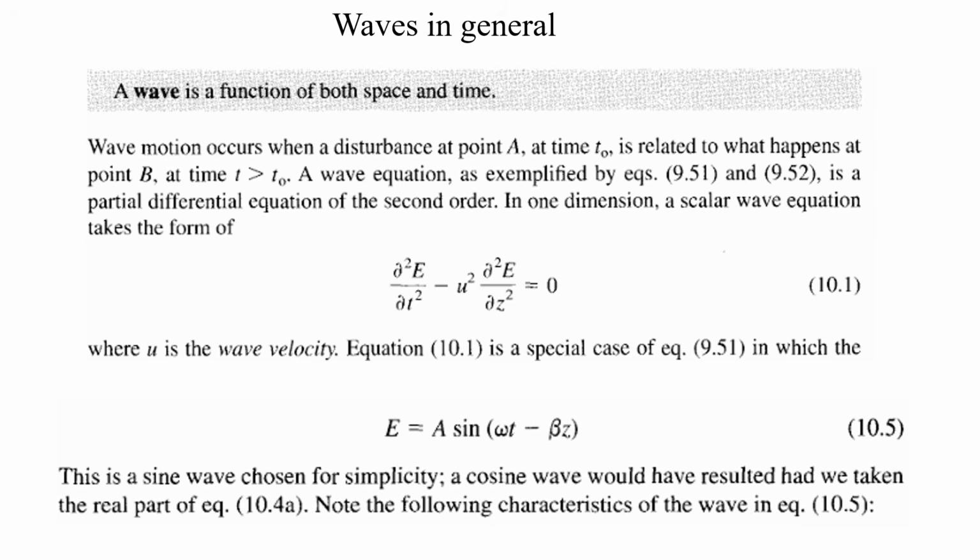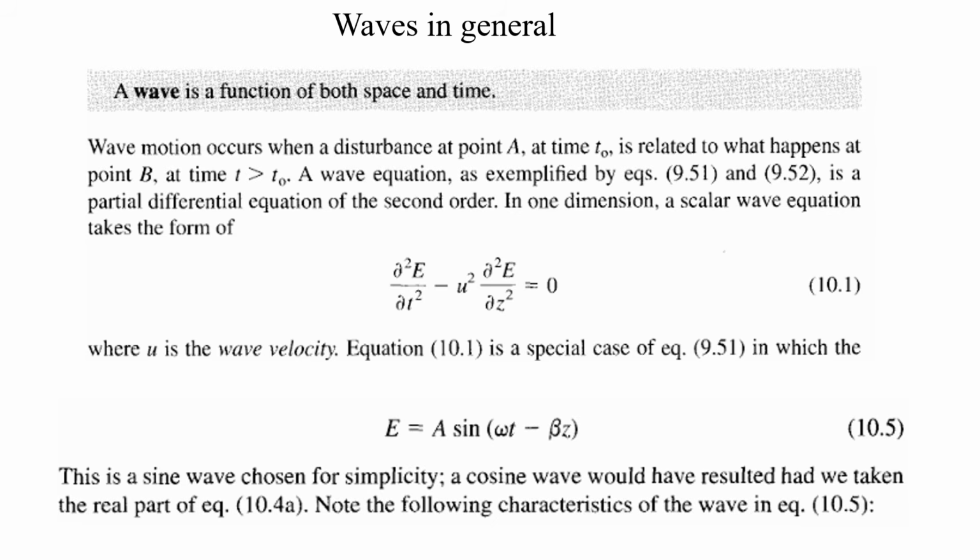In general, it can be written as a wave equation, a differential equation of the second order: del square E by dt square minus u square del square E by del z square is equal to 0, where u is the velocity. This is the general wave equation, represented using a second order differential equation.